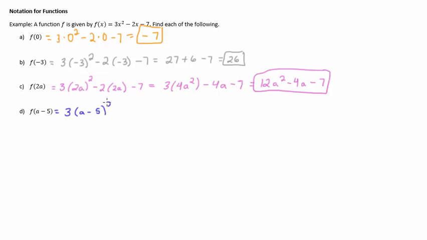So we have 3 times a minus 5 squared minus 2 times a minus 5 minus 7. Now a minus 5 squared, you have to pay attention. A lot of people try to just square the a and the 5 and go about their merry business, and that's going to give you the incorrect answer, because when I square a minus 5, I'm doing a minus 5 times a minus 5, which means I have to FOIL, or distributive property, or whatever you want to call it here.